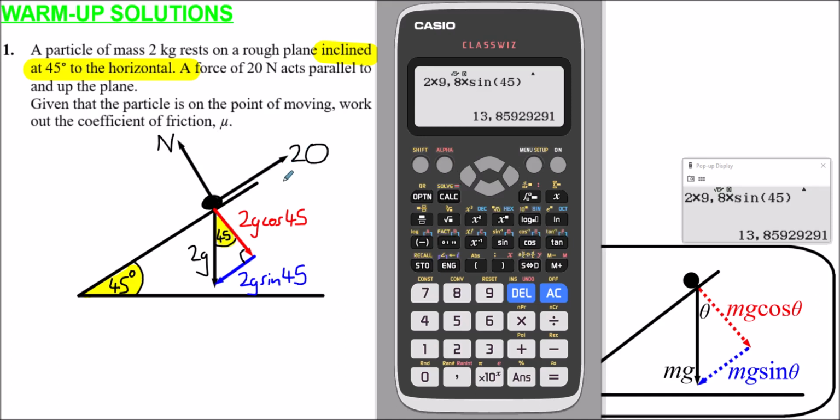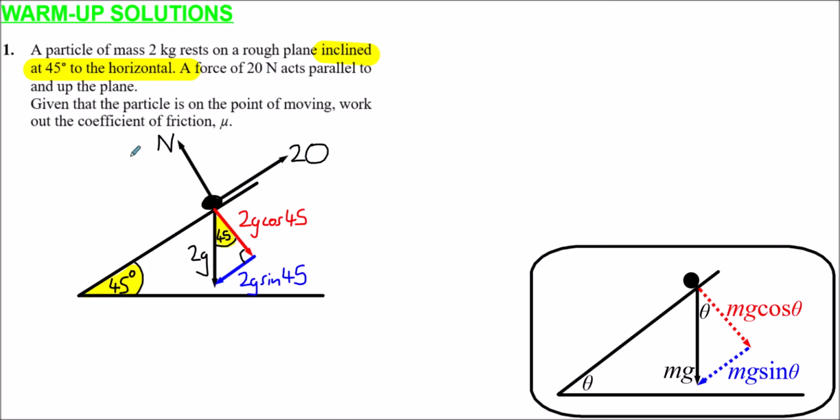So if the slope was smooth, the particle would be pulled up the slope because of this force. But because it's rough, the friction must be acting down the slope, resisting this tendency for the particle to be pulled up the slope. So the friction going downwards is acting that way.